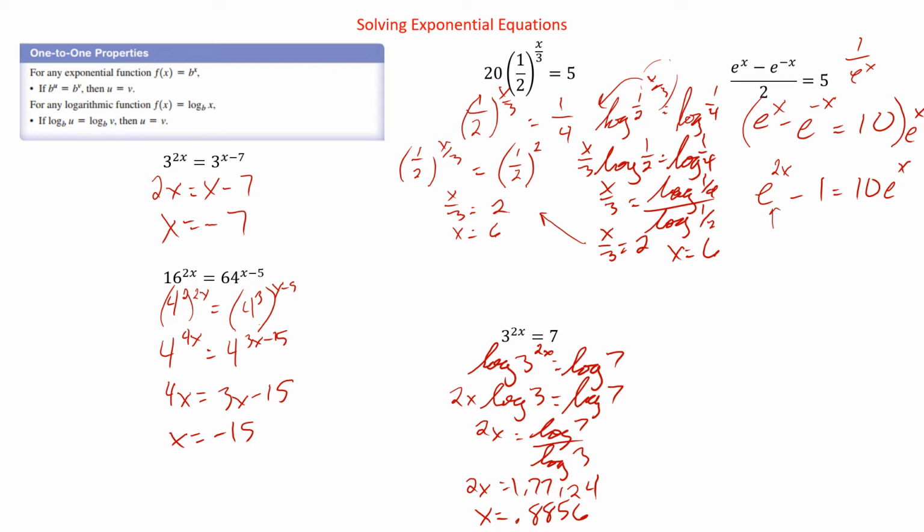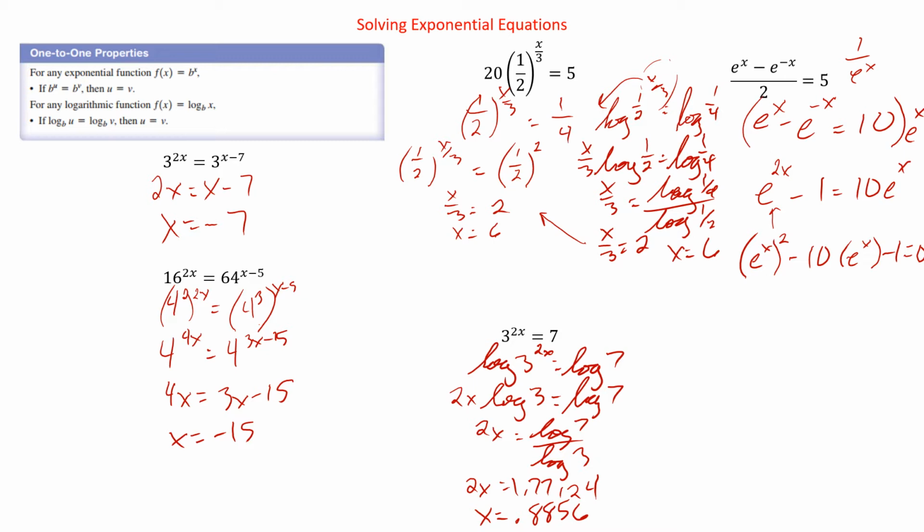Instead of e to the 2x, I'm going to write e to the x squared. Then we'll have minus 10 e to the x minus 1 equals 0. This should look a lot like a quadratic. We have something squared minus something times the thing minus 1 equals 0.